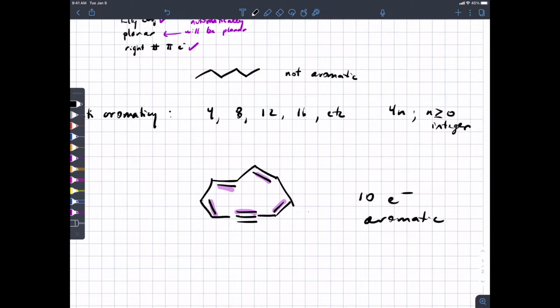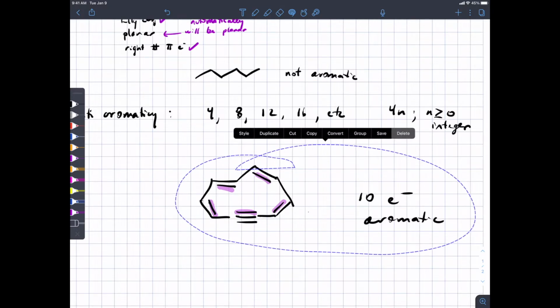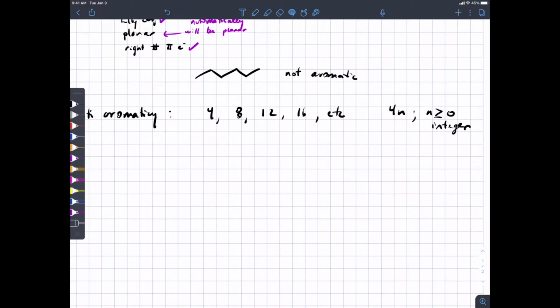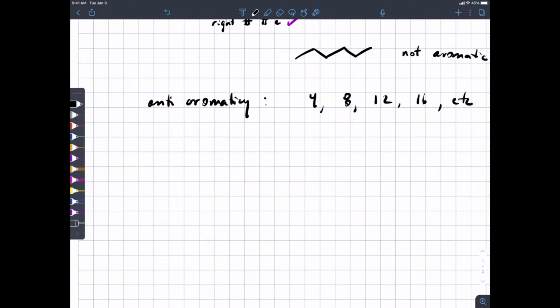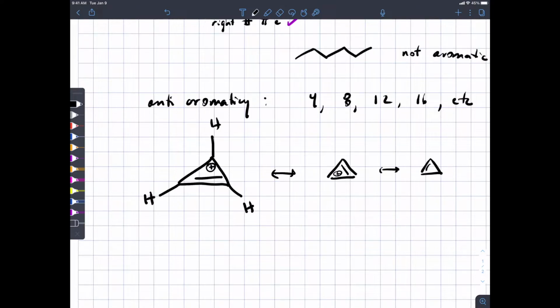How could you have an aromatic compound with only 2 pi electrons? I'm so glad you asked. You could have a cyclopropane ring with a double bond here and a positive charge there. That would have resonance structures in which the positive charge could be here or there.